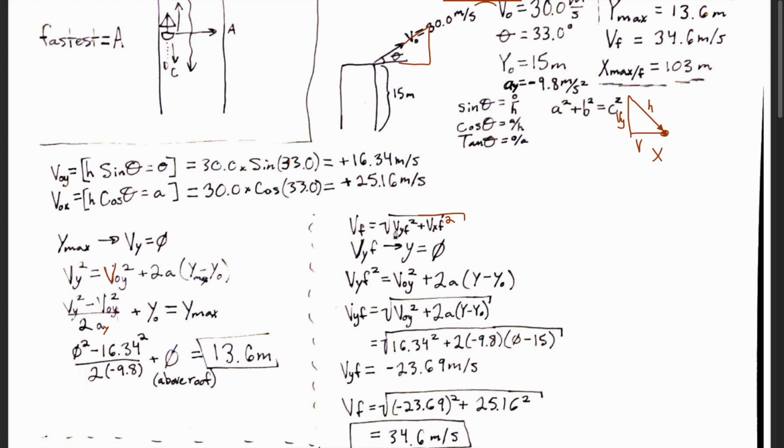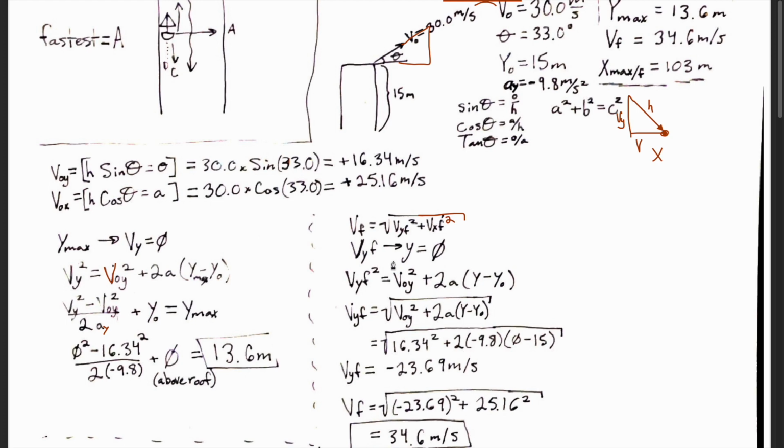So then now all we have to do is find velocity y final, which I'm just going to call velocity y. So we use this equation here, which is the same as we used over here, but now we have different values. Now we have y equals 0, so we plug that in.